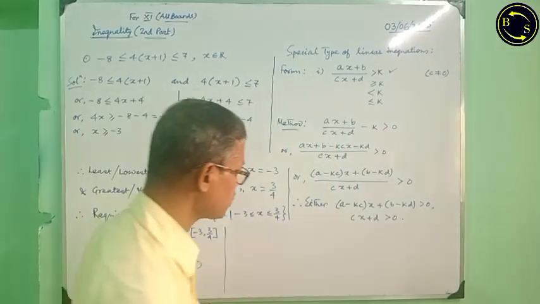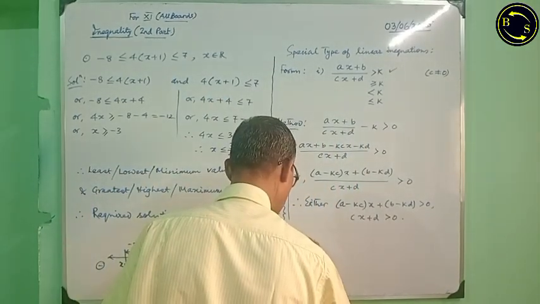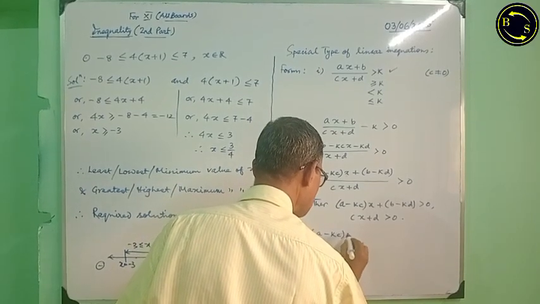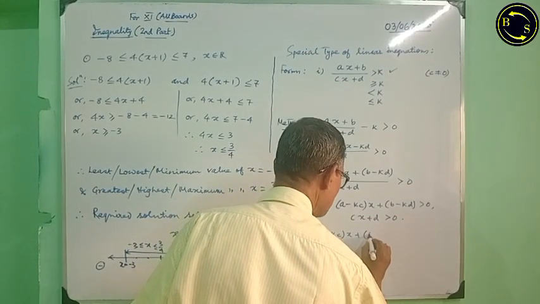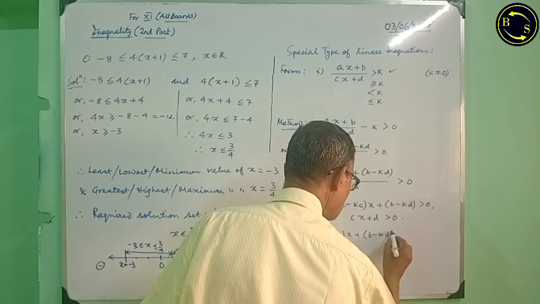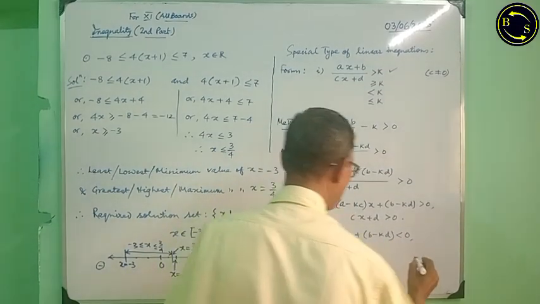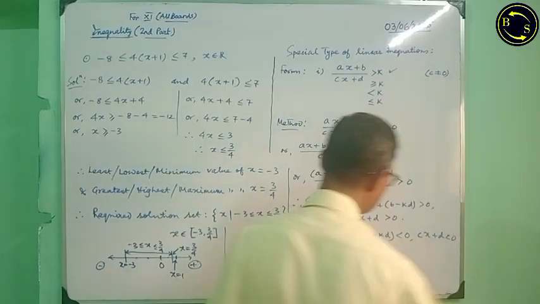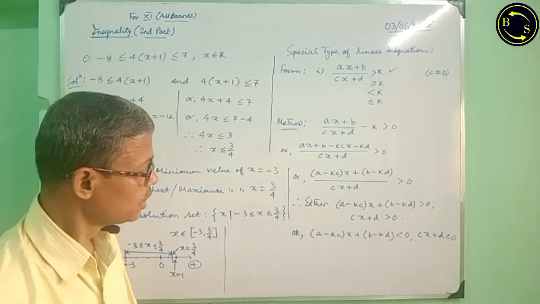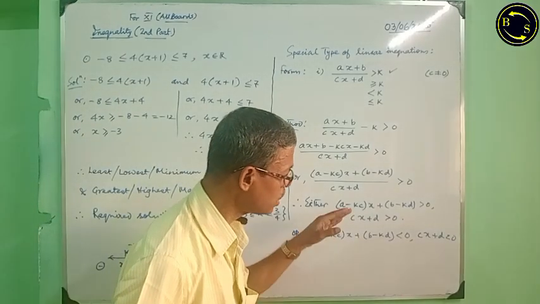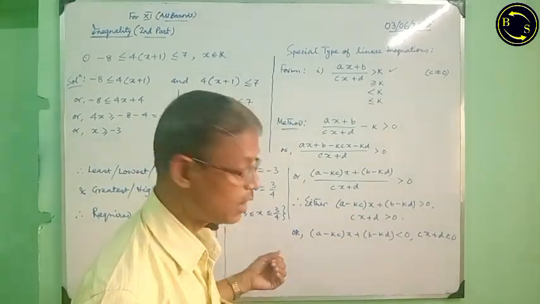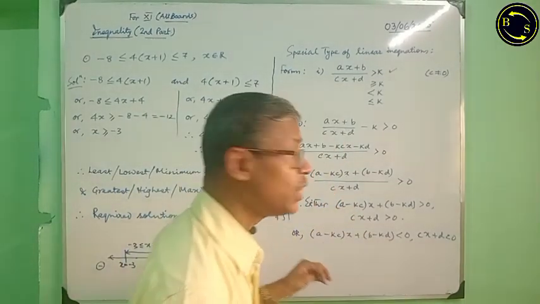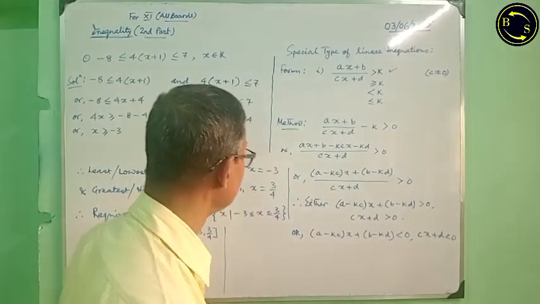This is one case. Or a minus kc whole into x plus b minus kd negative, also denominator negative. Now we are to consider these two cases separately, and from those two we will get solution set.